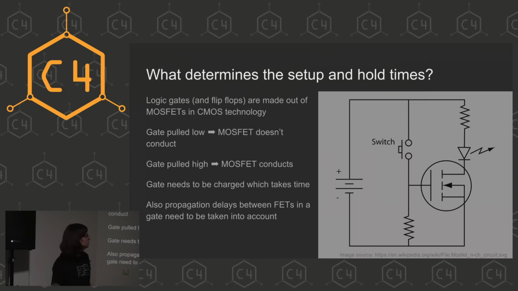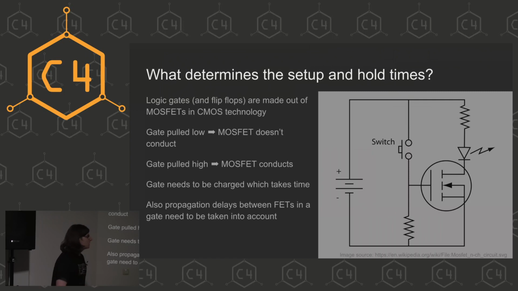And a logic gate or a flip-flop consists of multiple of these things. So again, every time you chain these things, it takes more and more time to charge up these gates to make them do, or discharge them to make them do stuff. So this adds up, and this is how the propagation delays also affect the setup and hold time.